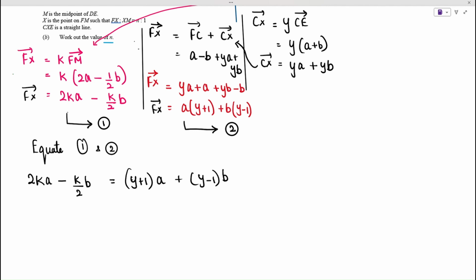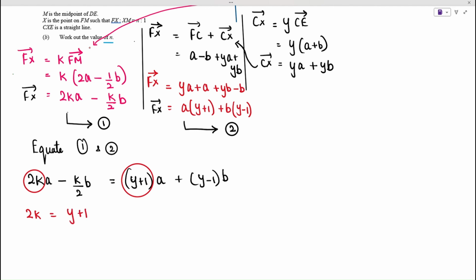So what we're left with here is, on the left hand side we have the coefficient of a as 2k, and the coefficient on the right hand side for a is y plus 1. So 2k equals y plus 1.